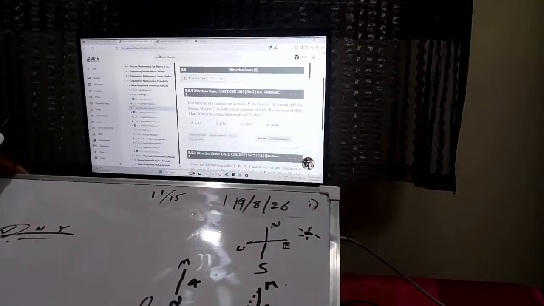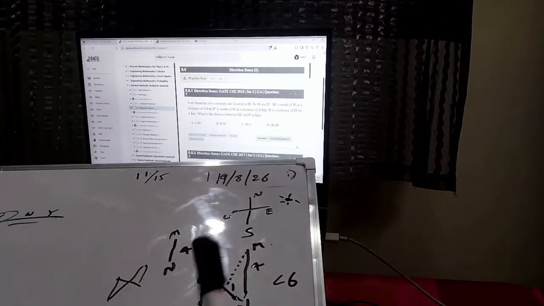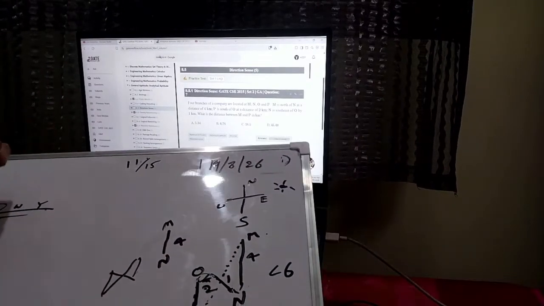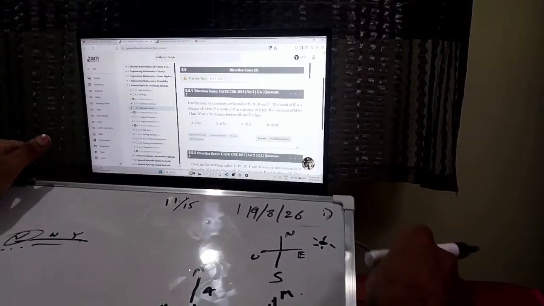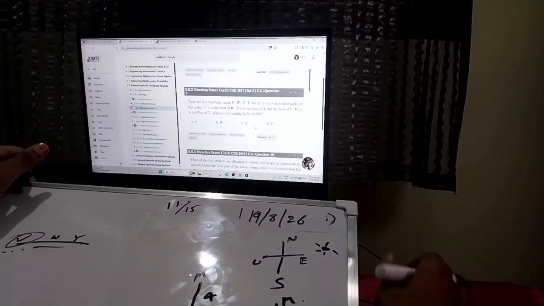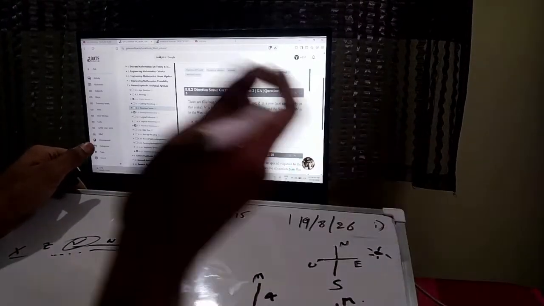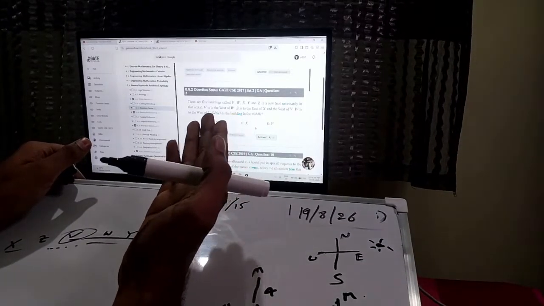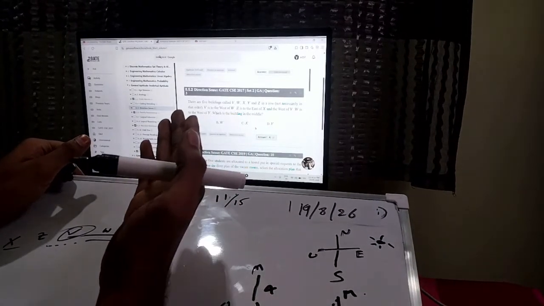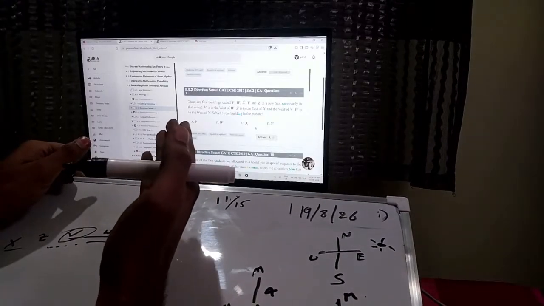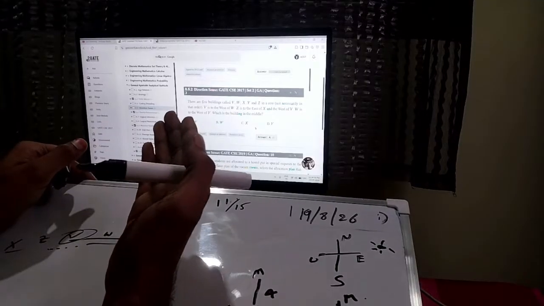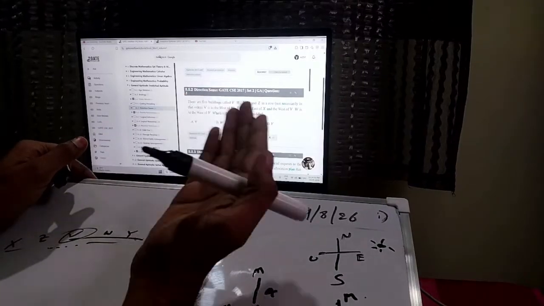Here we are stuck at this question. Not we, I am stuck at this question. I have done the second question. They have given 5 buildings named V, W, X, Y, and Z, arranged in a row, but not necessarily in that order.